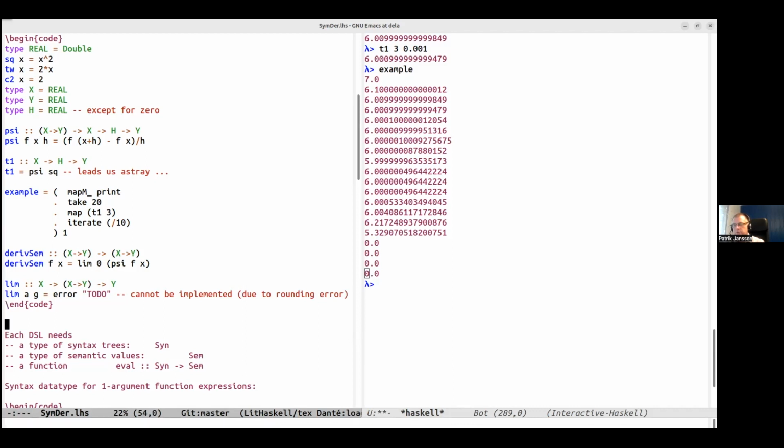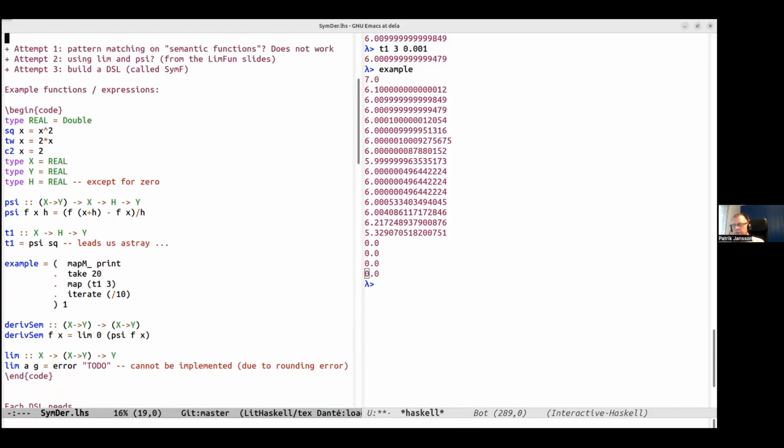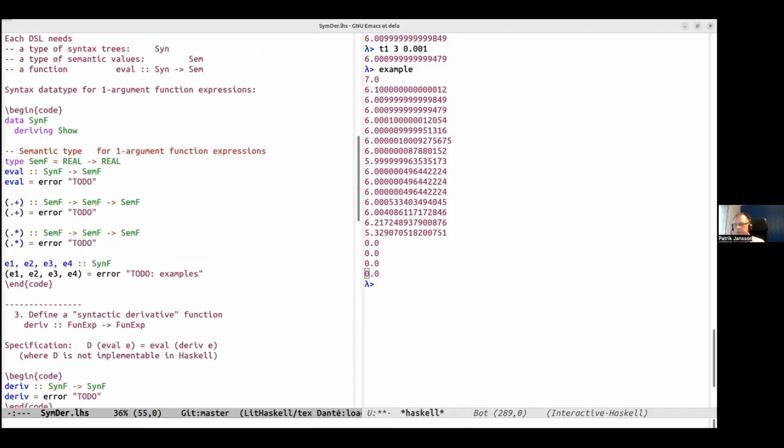Okay, so then we've motivated, and we're sort of back up here. It says attempt 3, build a domain-specific language. And that's what we will spend the rest of this lecture on. And I promised I should remind you what the DSL is. I've skipped the 0th part, which was the textual syntax, which characters should be written, and I jumped directly to a type of syntax tree.